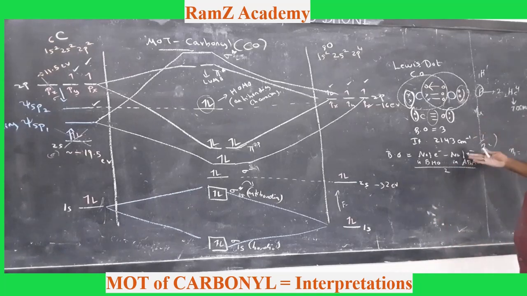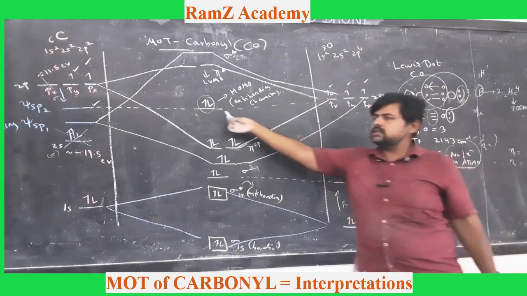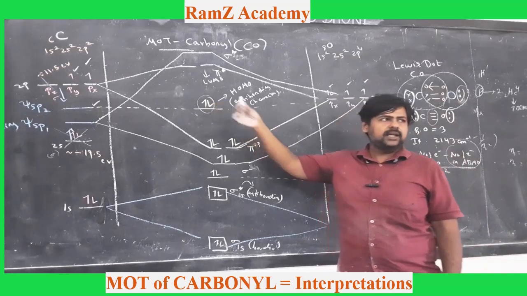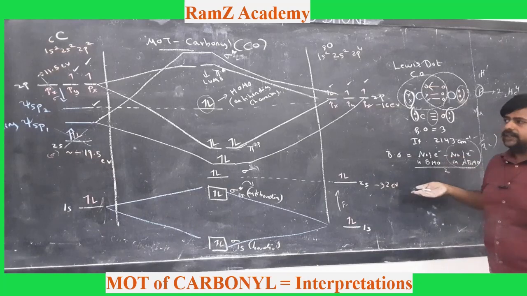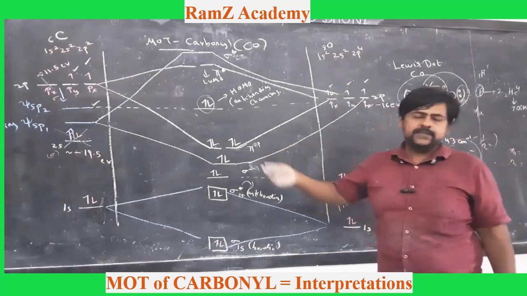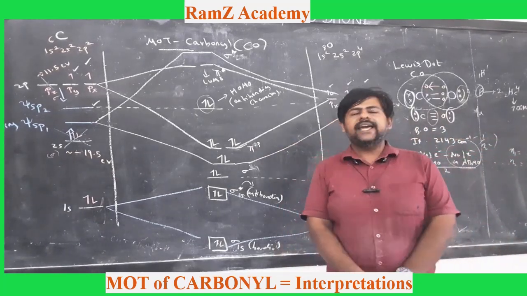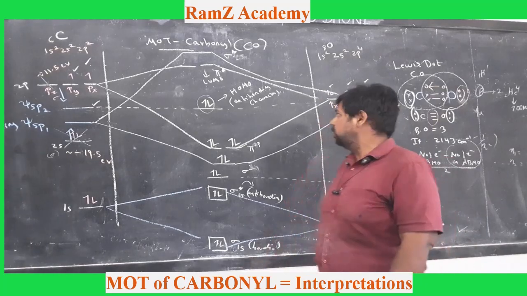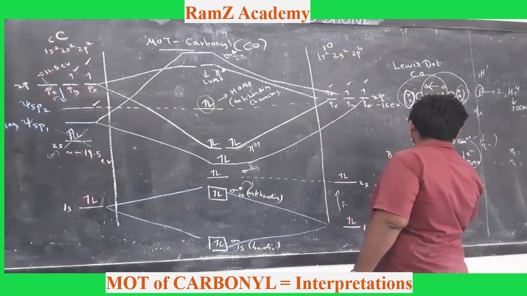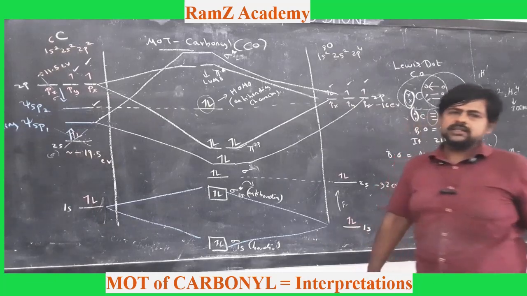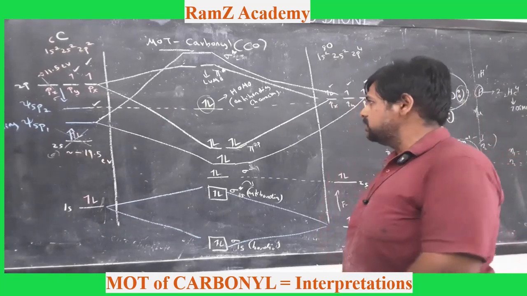As you put more and more electrons in your anti-bonding molecular orbital, because I told you this has a slight anti-bonding character, the bond order slowly begins to decrease. That is why even though the expected bond order is 3, experimentally we find that the bond order is a little bit less than 3, somewhere between 2.9 and 3. So this is the first interpretation that we get from this MOT diagram.